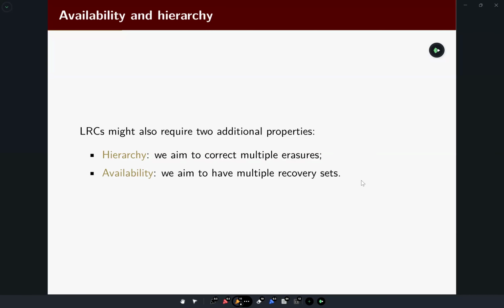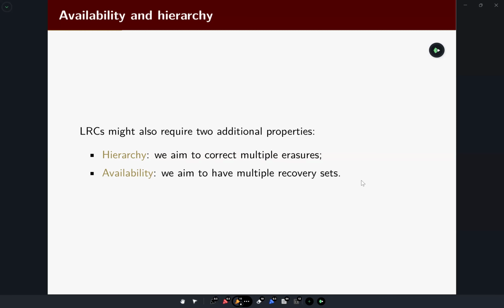Now, hierarchy is what we want when we want to correct multiple erasures, because of course, it might be interesting to correct 1 erasure, but what happens if I have 2, 3, 4 erasures? Can we still recover the lost information? That's hierarchy. The second property is availability.